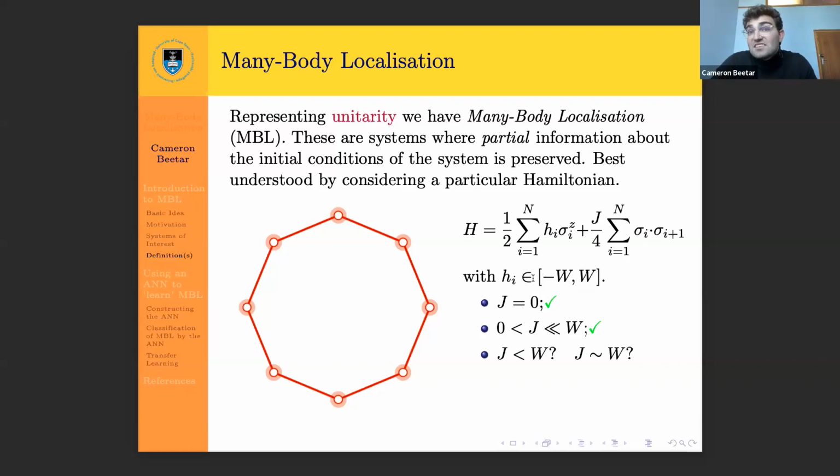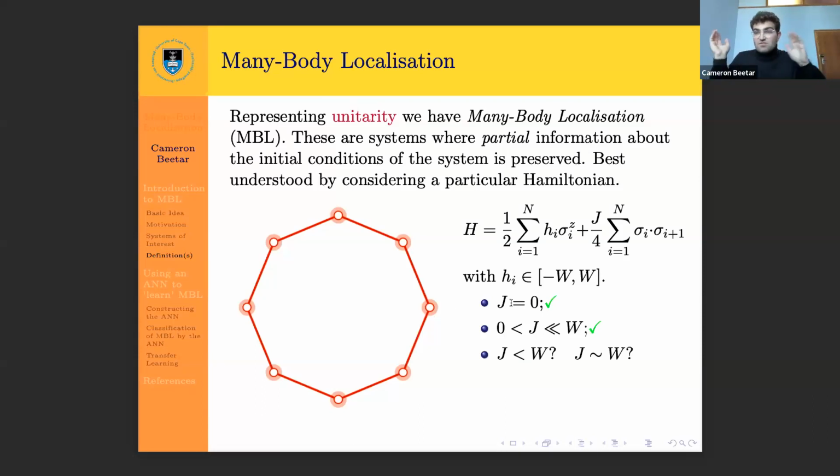And the way to understand localization is to look at the Hamiltonian. The first term is essentially just isolated quantum particles. The second term is encoding the interaction between these particles. And so you can imagine that if we separate these particles altogether, so we make J zero, that's like cutting off these legs between the vertices.